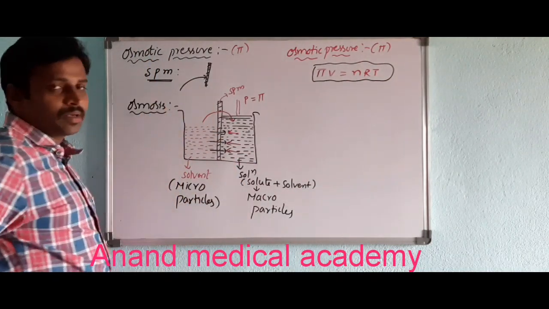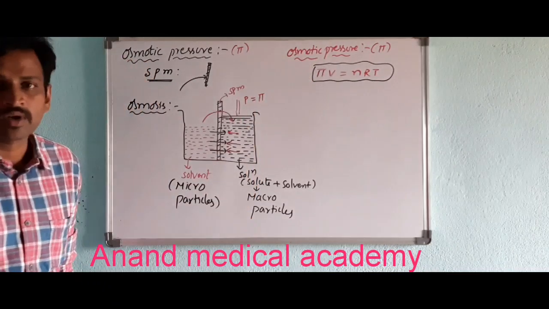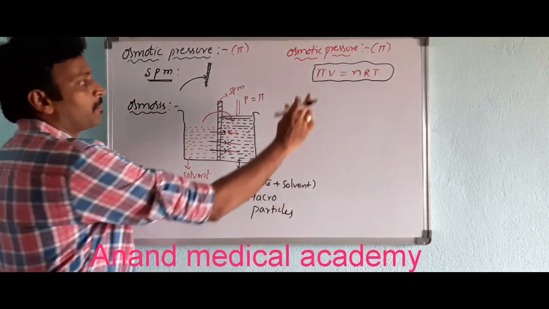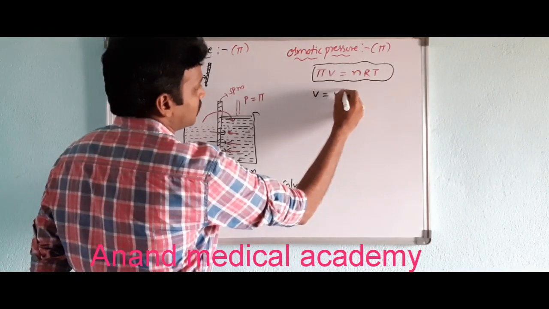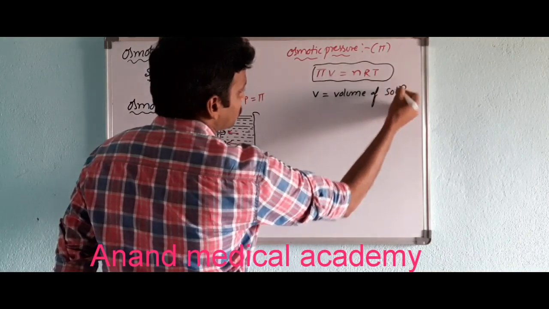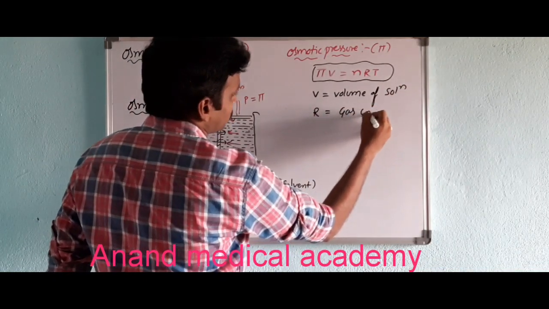So we have to understand what a semi-permeable membrane is, what osmosis is, and what osmotic pressure is. Pi is the osmotic pressure, V is the volume of this particular solution, and R is the gas constant.